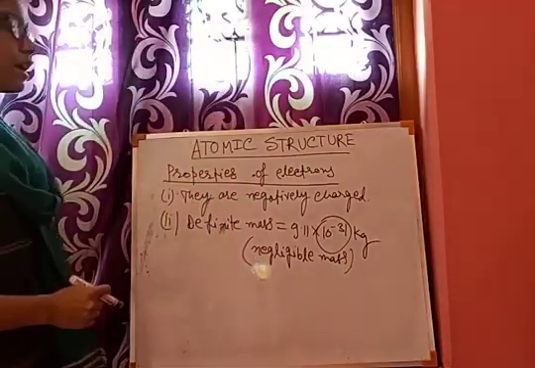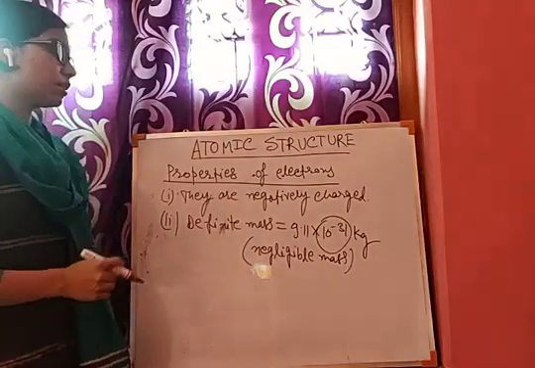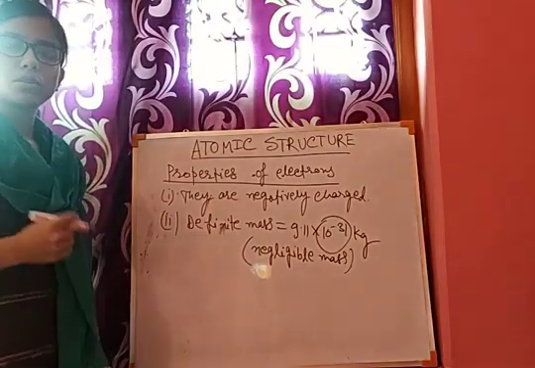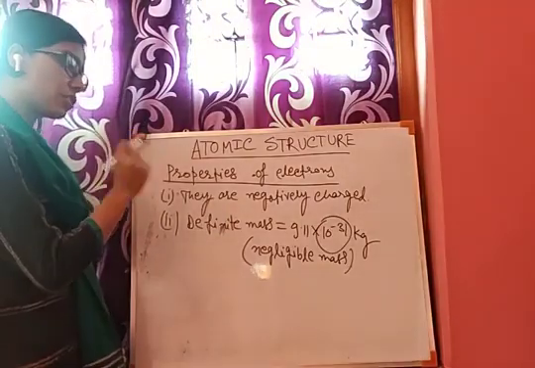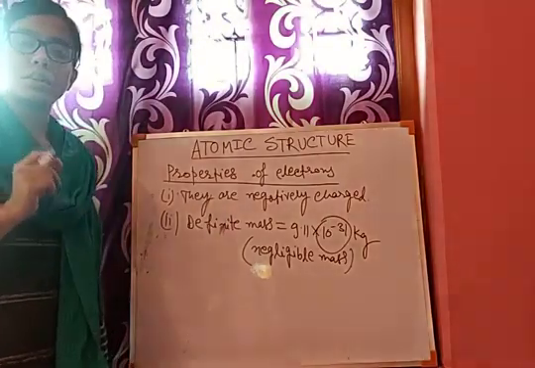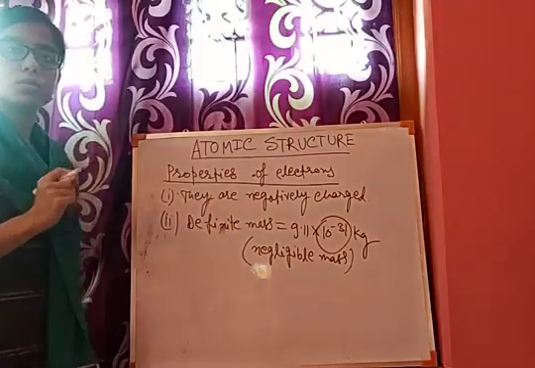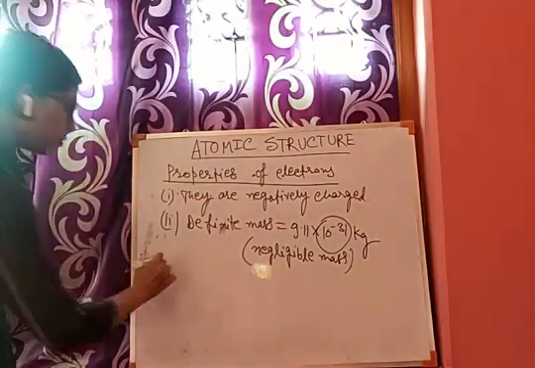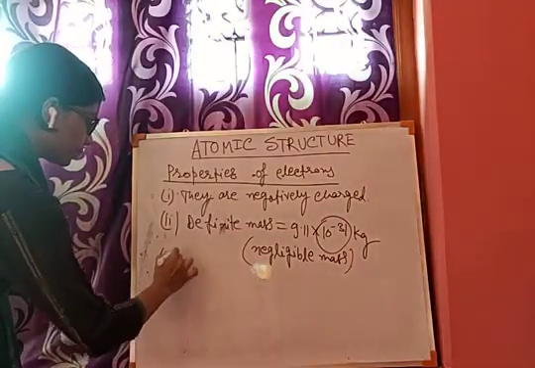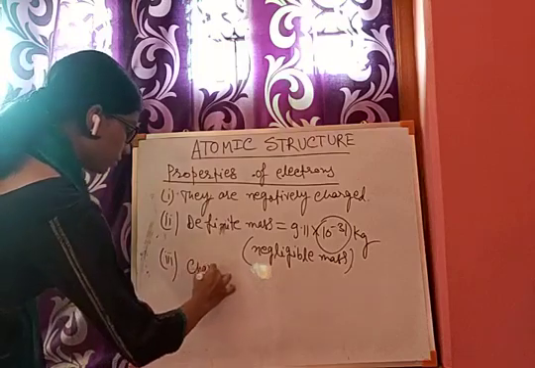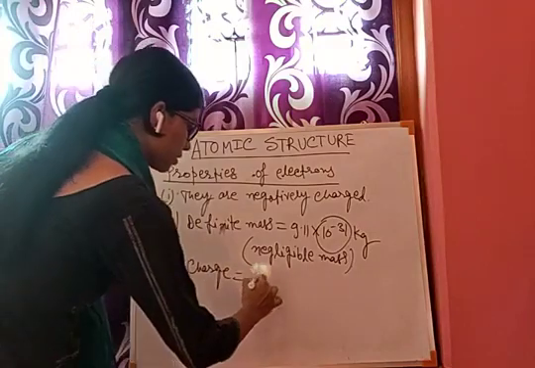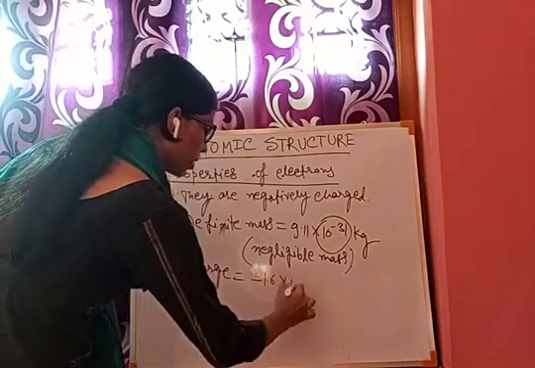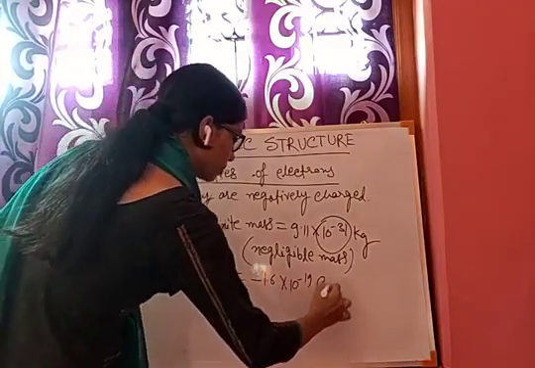So just like mass, they have a definite charge. As they are deflecting towards the positive electrical field, that means they are definitely negatively charged, and the charge has a value. Okay, the charge value is minus 1.6 into 10 to the power minus 19 coulomb.